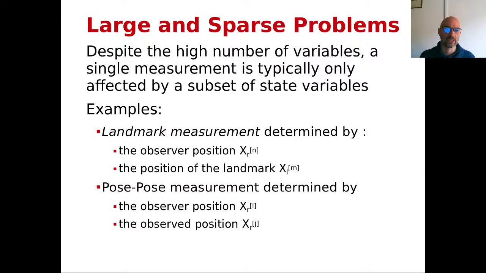Okay, so if at each pose I observe 10 landmarks, well, at most I will throw in 10 measurements, and if each measurement adds a constant number, adds one non-zero block to the H matrix, well, then I'm done.